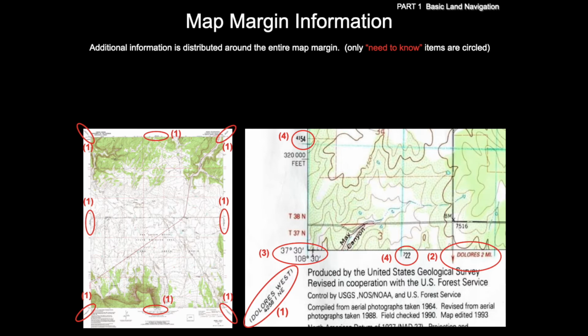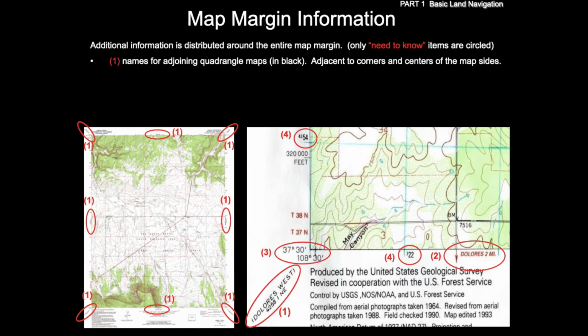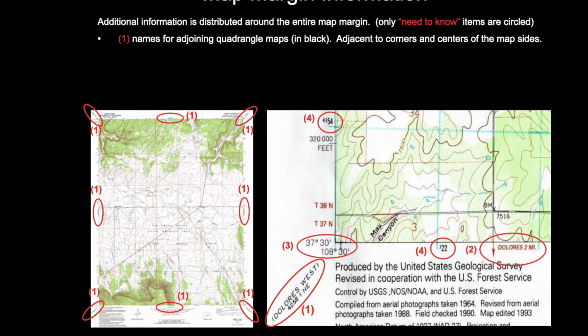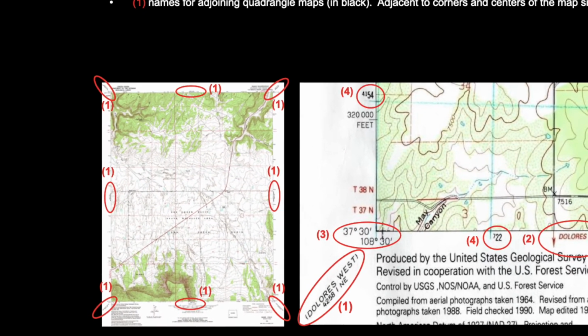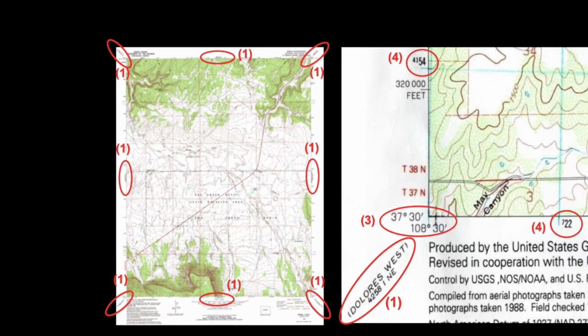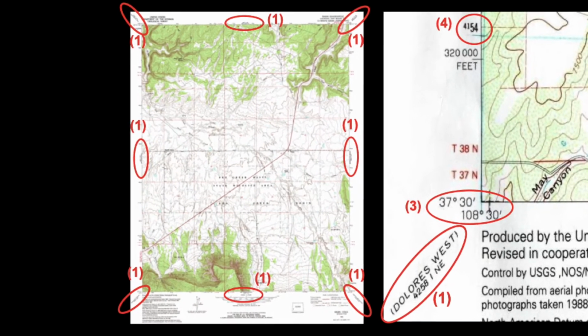Additional information is distributed around the entire map margin. Only need-to-know items are circled. So you've got all of those circles corresponding to each one of these numbered items. First up, you've got names for adjoining quadrangle maps in black, adjacent to corners and centers of the map sides.